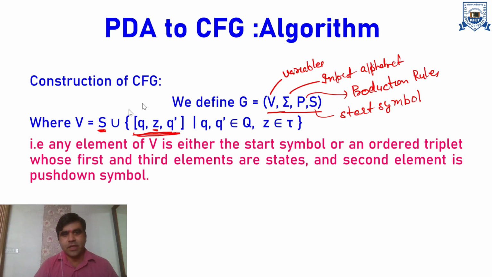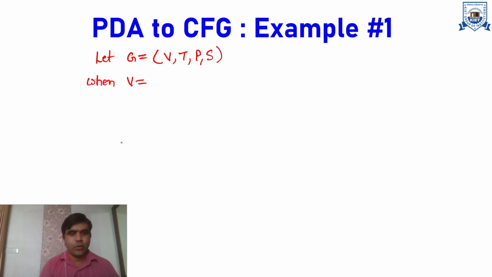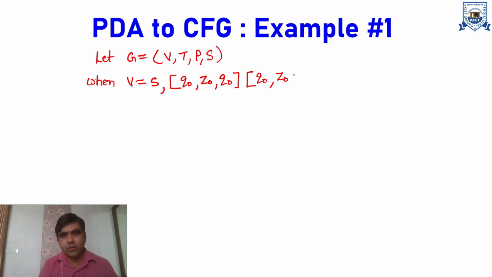See, the set of variables is given by S, a new variable which you introduce, union these triplets Q, Z and Q dash. So S is one variable, and the rest are triplets. One is Q naught, Z naught, Q naught. Another is Q naught, Z naught, Q1. Another is Q naught, Z, Q naught.